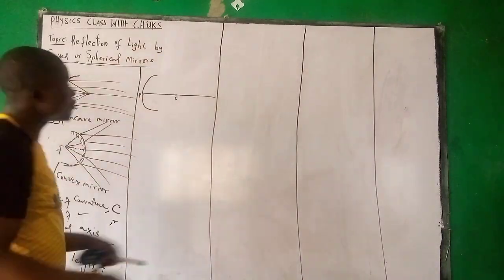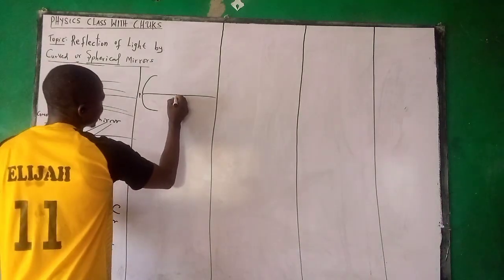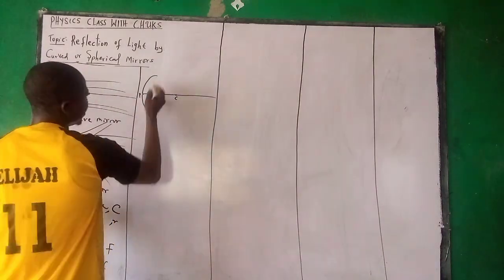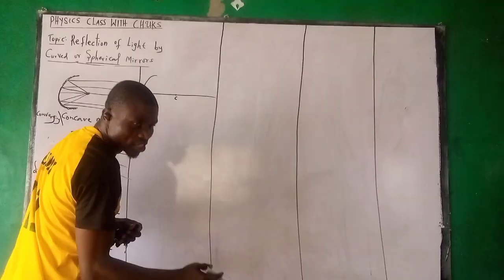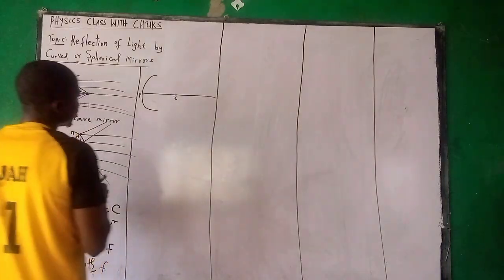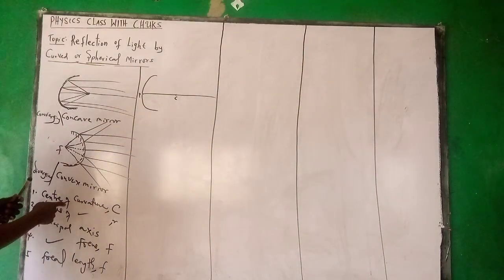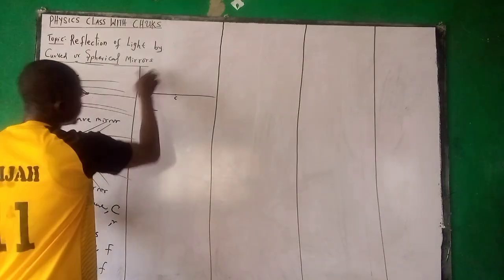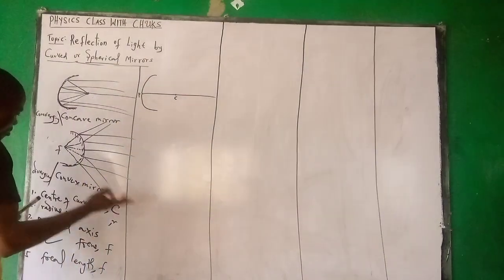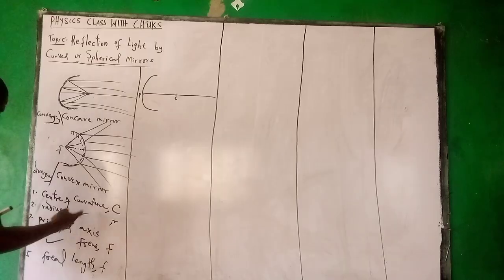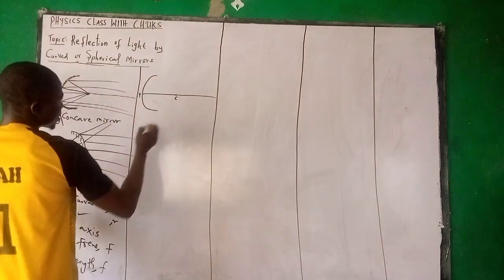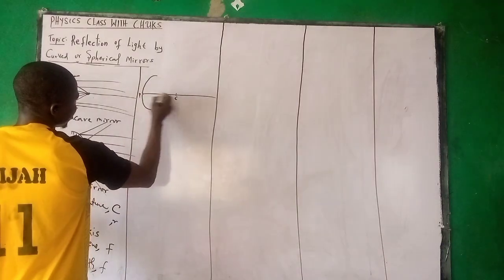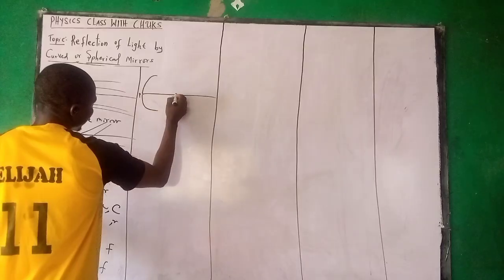The center of that sphere, of which this mirror is part, is called the center of curvature. The radius of curvature is the distance from here to the pole.